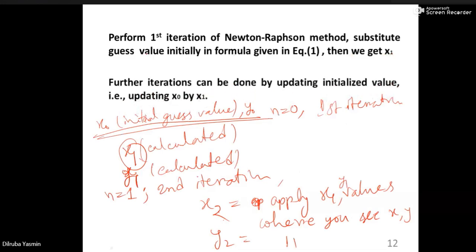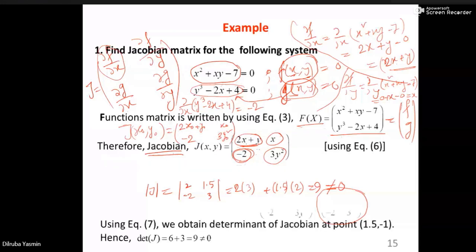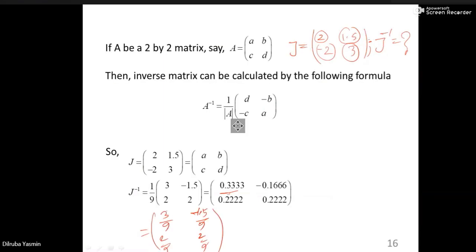Now come to this point. If you do this division operation, just minus 1.5 by 9, you will get minus 0.0666. Similarly, if you do 2 divided by 9, you will get 0.222. Okay, so you now have the inverse Jacobian matrix.